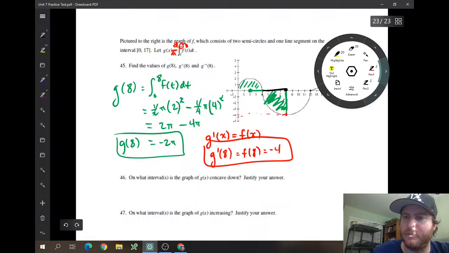And we want to do the same thing for g double prime of x. So g double prime of x is equal to f prime of x. So g double prime of 8 would be whatever f prime of 8 is, which is the slope at 8. The slope of that graph, it's a horizontal tangent, would be 0.